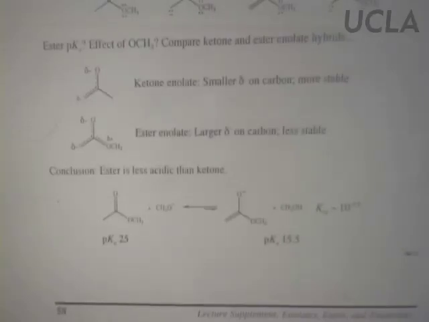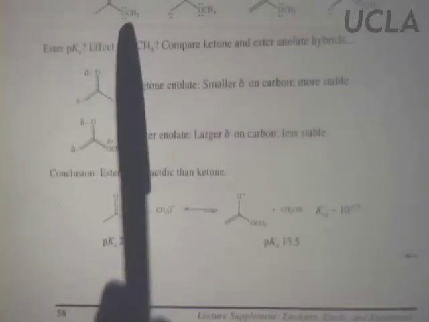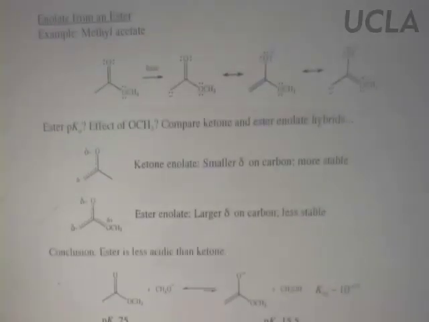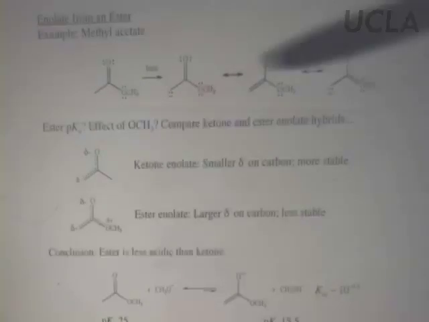Now the situation is a little bit different with an ester, because the ester has this extra oxygen on it, and as we saw when we were discussing these resonance contributors, that oxygen works against the stabilization. The oxygen lone pairs are being contributed towards the area of the enolate where we're trying to spread out the electron density. So that is a destabilizing feature. It makes the conjugate base of an ester less stable compared to the ketone case, and consequently the ester is harder to deprotonate, higher pKa.